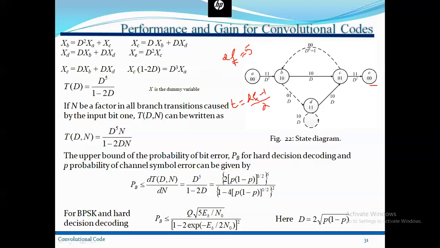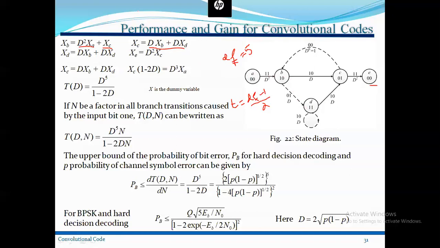So here in B, there is D square XA, which is a path that is emerging, and the other path emerging to it from XC with 1. So here we get the XC. So at every state we have two paths emerging, and we have minimum two possibilities of calculating this path.